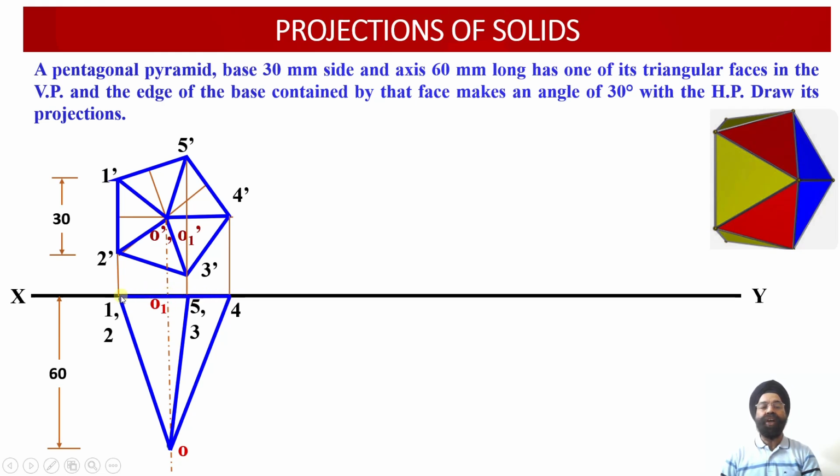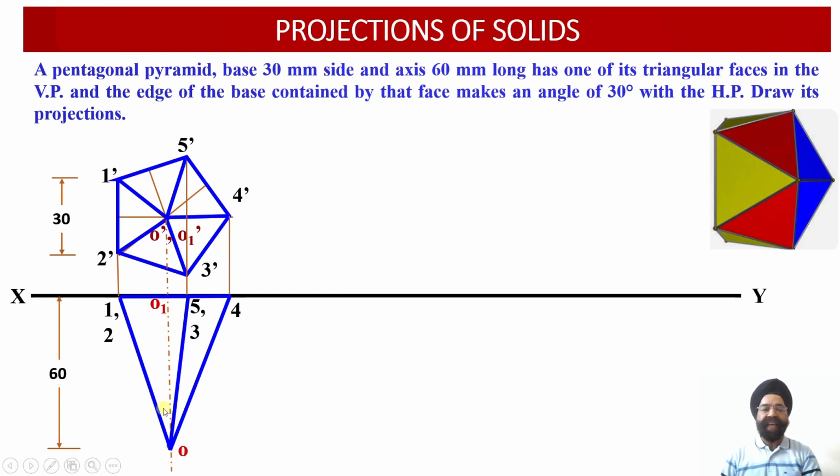So now we have located points 1, 2, 3, 4, 5 onto the XY reference line because the base of this pentagonal pyramid is contained by the vertical plane. So the top view projections corresponding to the base will be located onto the XY reference line. Similarly, point O1 will be located onto the XY reference line because this corresponds to the axis point of the base.